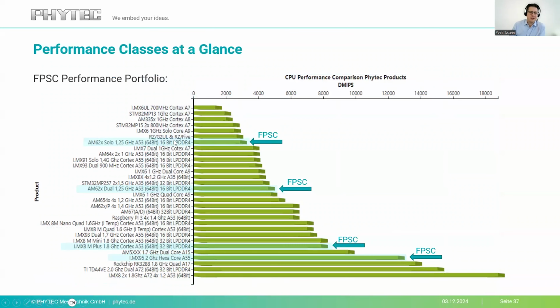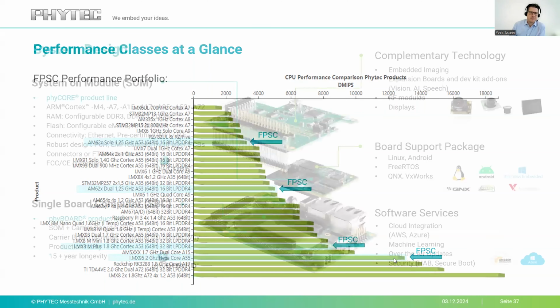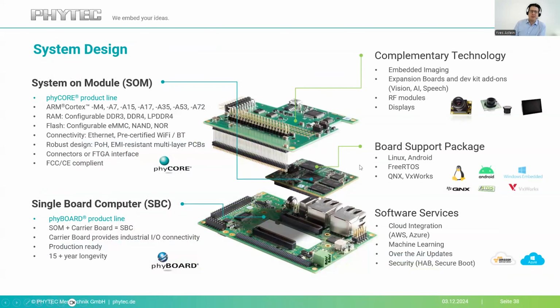As I mentioned, we have a low-cost coverage in terms of performance and cost, as well as high-end and mid-end performance coverage with FPSC in our portfolio. So typically we provide a system on module with a carrier board for evaluation purposes.